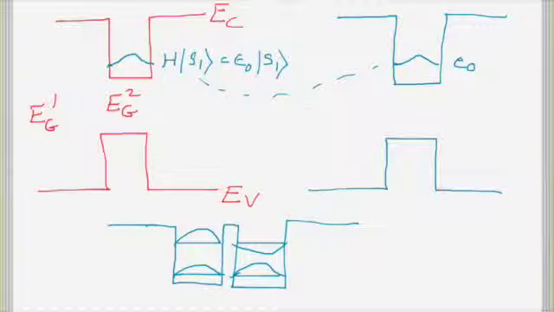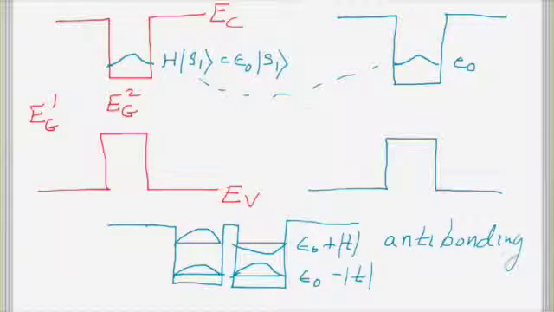And so this would be our epsilon 0 plus t, so magnitude d, and epsilon 0 minus t down here. And it looks exactly like we just went through. You've got the anti-symmetric one, the higher energy one, which has the form of an anti-bonding state, and the lower one, which is symmetric, which has the same form as our bonding state.